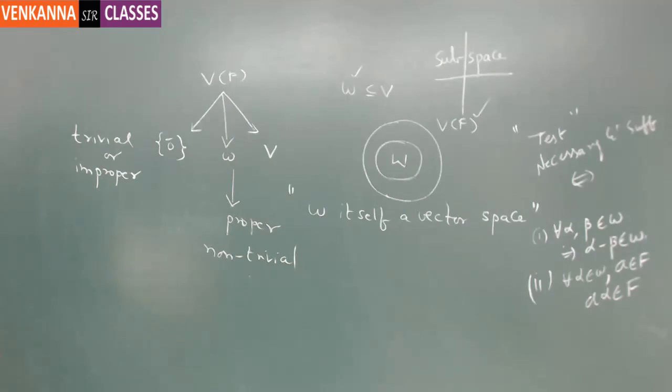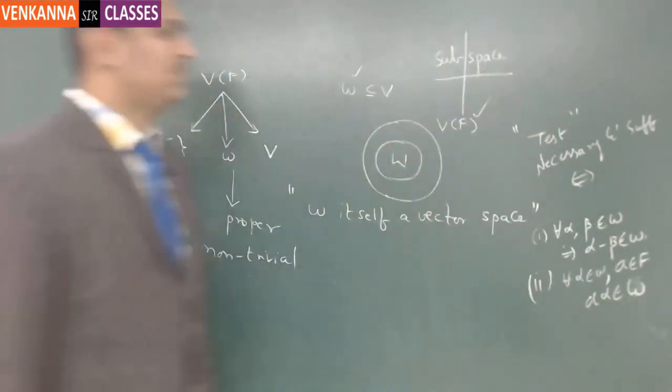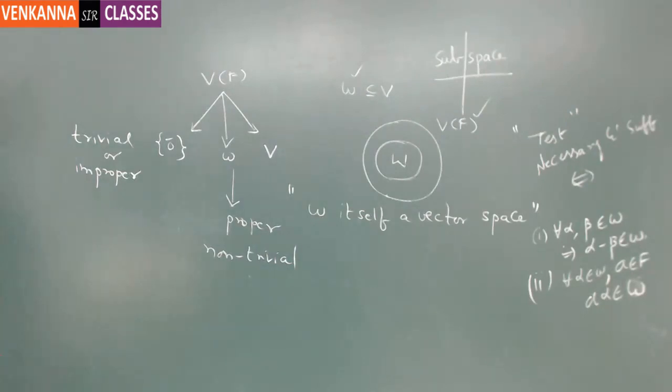Whenever I take any two vectors in the subset, the difference between them, alpha minus beta, must belong to W. And the second condition: I can take any vector and any number, and the scalar multiplication A alpha must belong to W. If these two conditions are satisfied by W, then we say that W is a subspace of V.